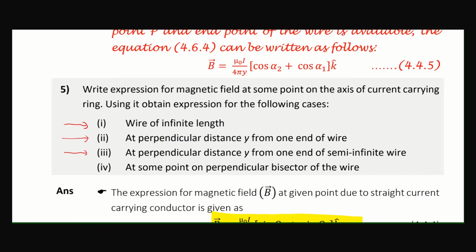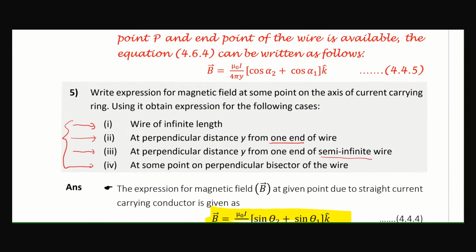What is a semi-infinite wire? That also we'll see today. And then we'll see if the point P is near one of the ends of the wire. So these four are the special cases we will discuss today. Let us start.